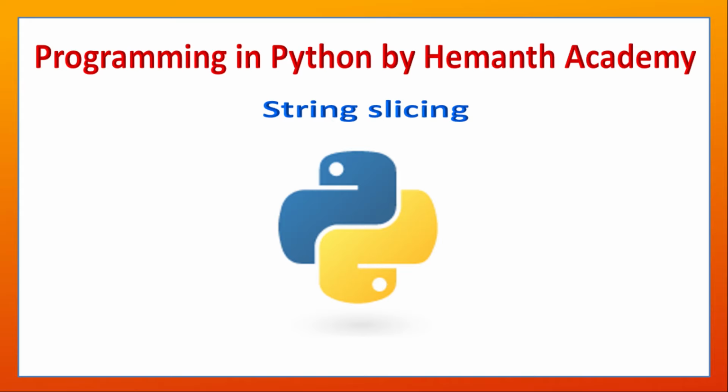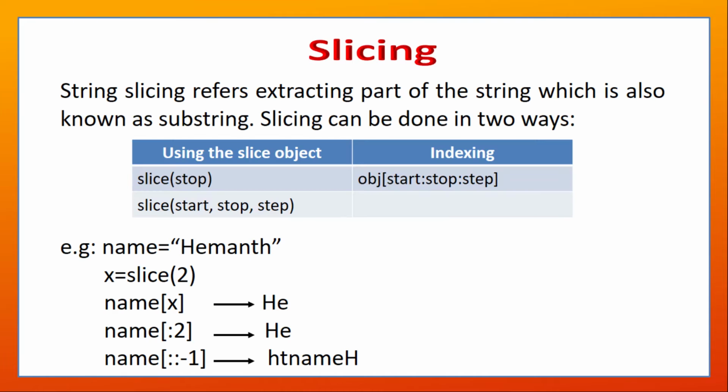In this session, we are going to see about string slicing. String slicing refers to extracting part of the string, which is also known as a substring. Slicing can be done in two ways, that is using the slice object or using the indexing.